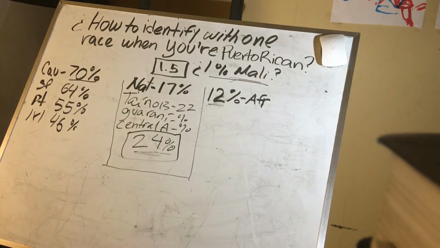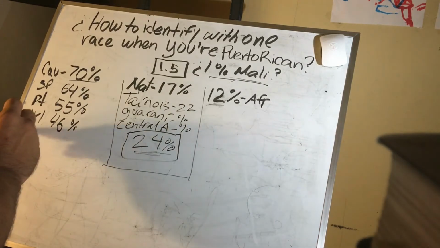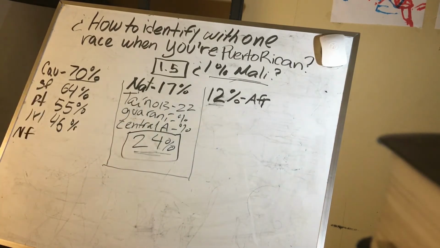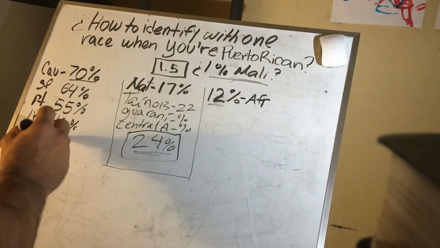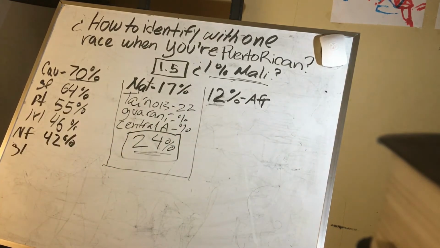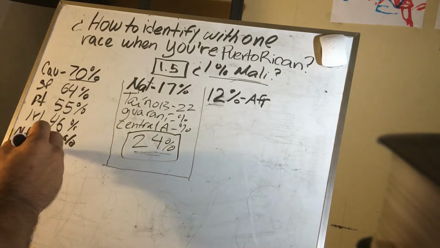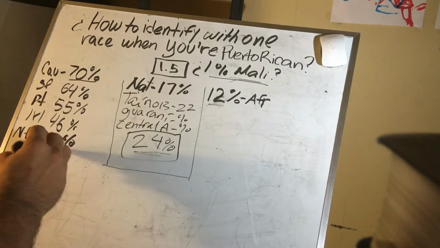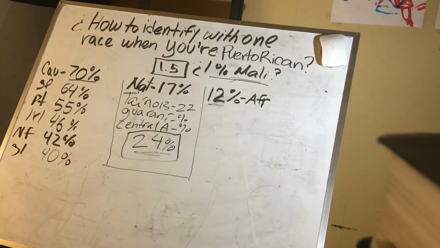My fourth highest Caucasian ethnic group is North Africa at 4%, which also goes down to 0. If I subtract the 4%, it goes down to 42%. I have South Italy at 2%. It ranges down to 0. It gives me a 40% total Caucasian.